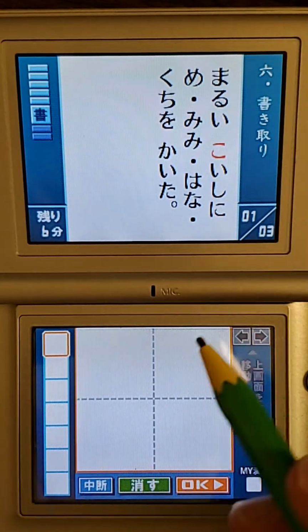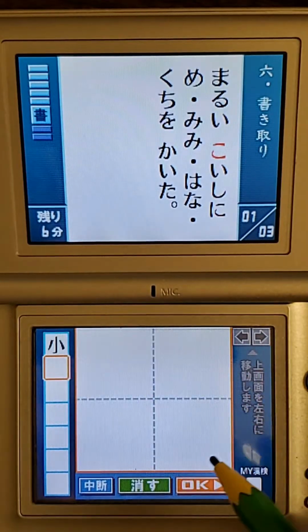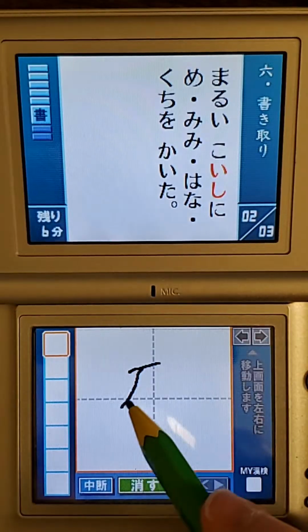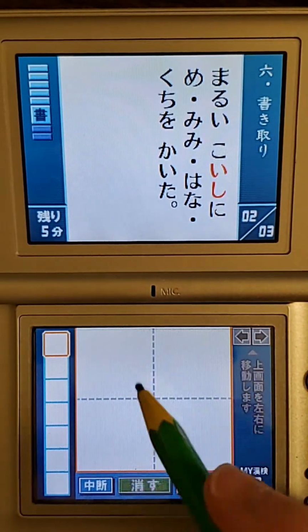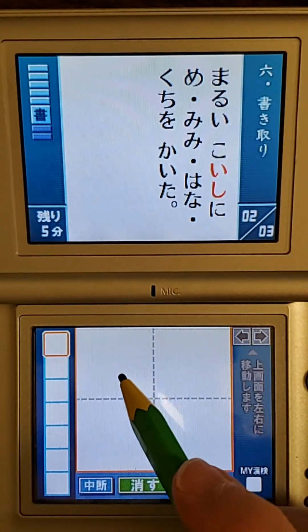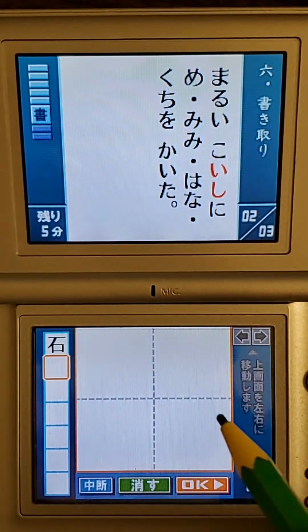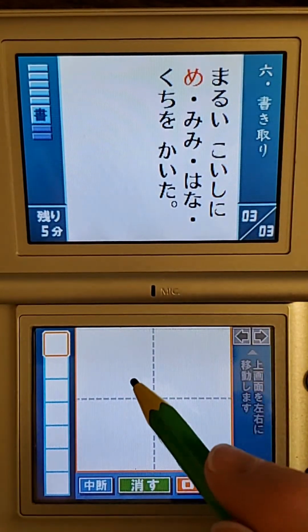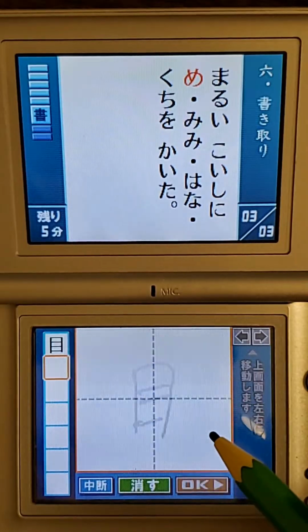So koishi, so small. Ishi, and the stroke order on this, I'm not sure if that's what it is. I'm not sure. If it gave me the stroke order now, I would not be sure. But that's the kanji. Mei. So this is Mei for I.